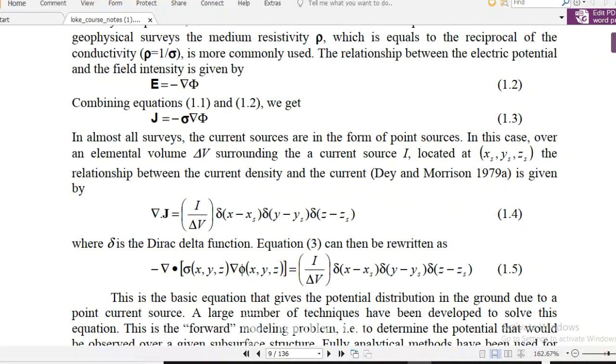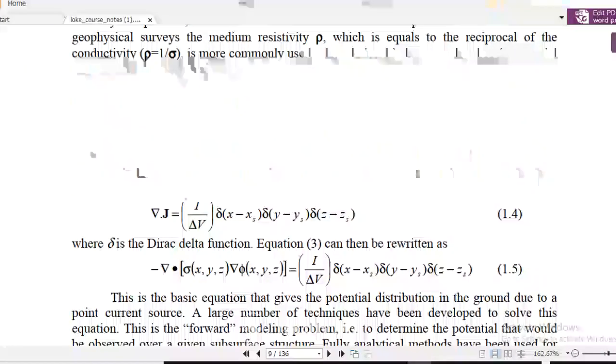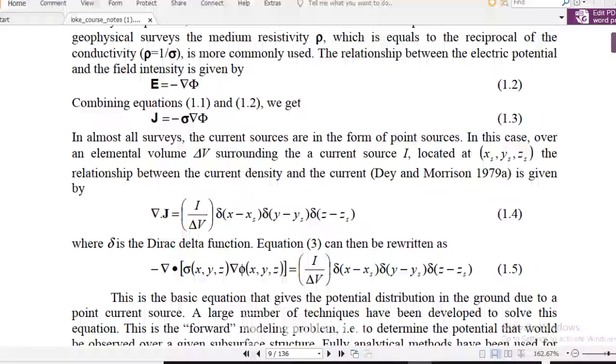So the divergence of the current density is given by I over delta V times the Dirac delta function in X, Dirac delta function in Y, Dirac delta function in Z.